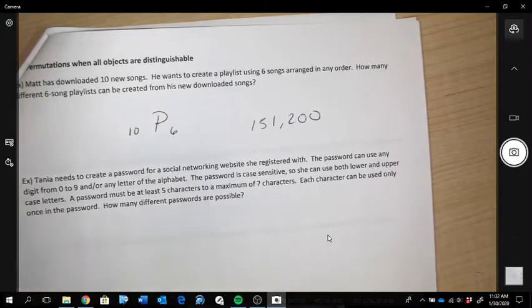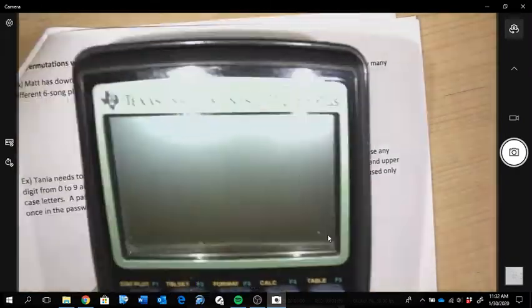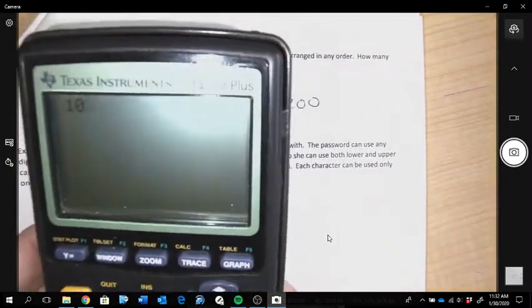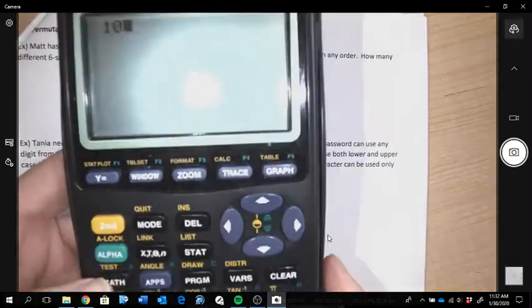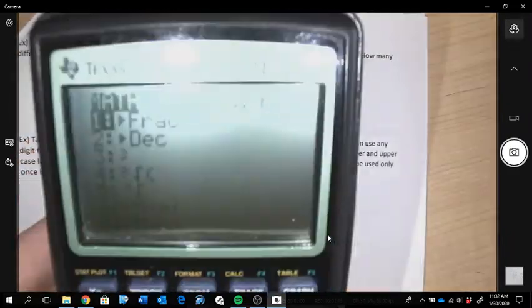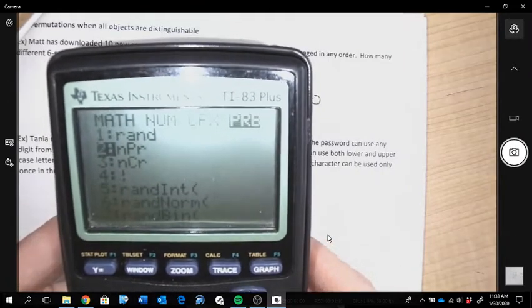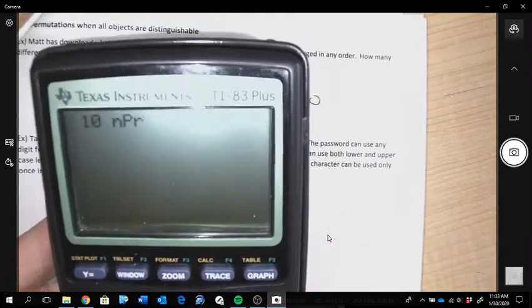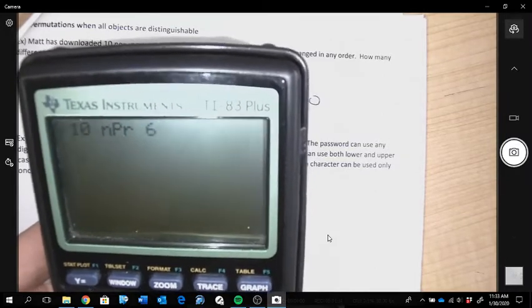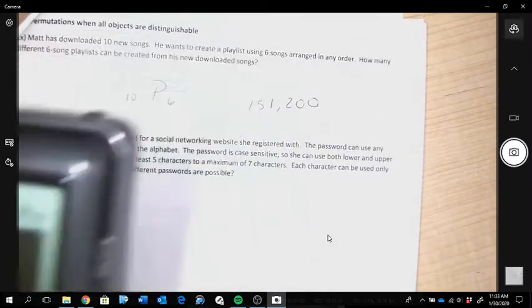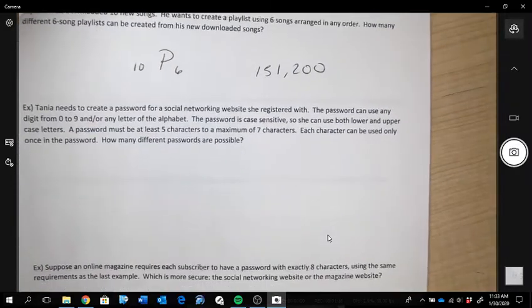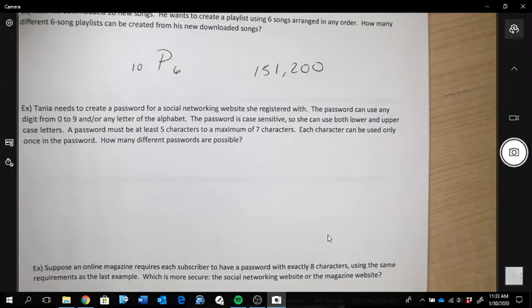Okay, on your graphing calculator, you have to type 10 first, and then go to this math button, over to probability, and then you can see nPr. So there it is, same answer. Okay, next question.